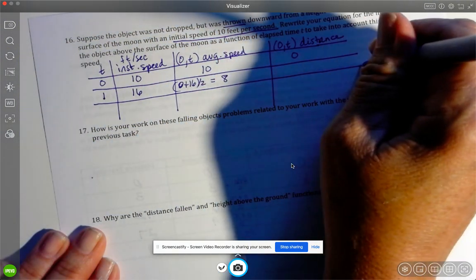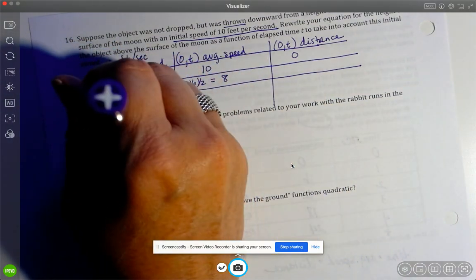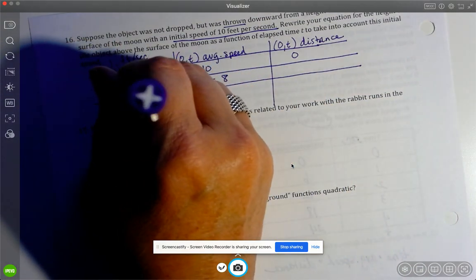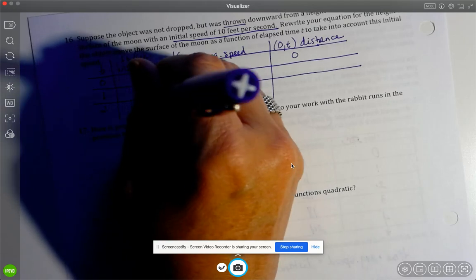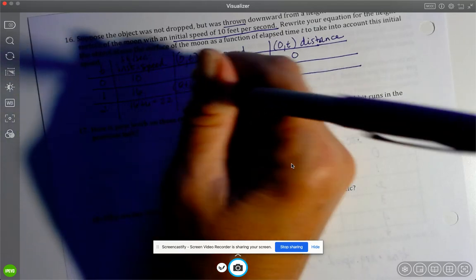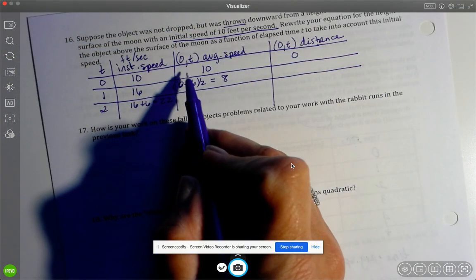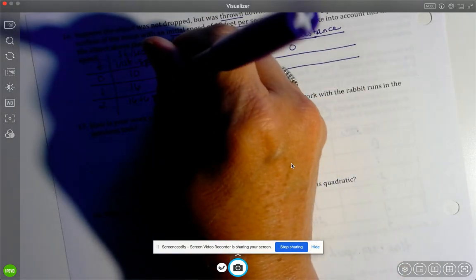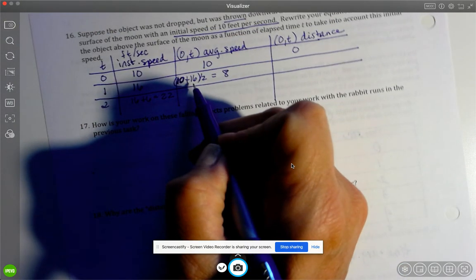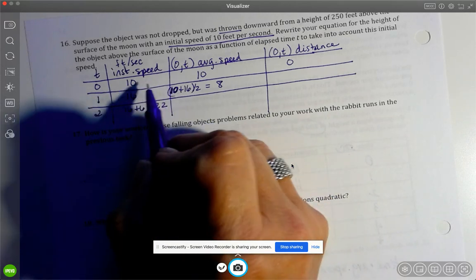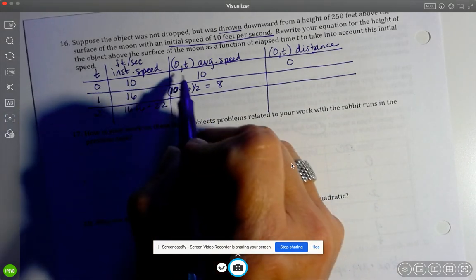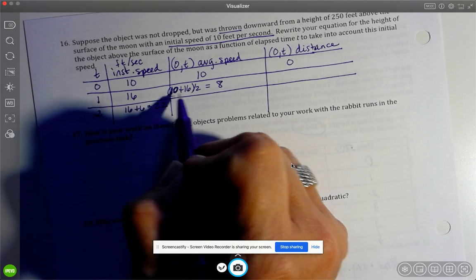Now I'm just adding 6, right? So I have 16 plus 6, which is 22. And then on the average, oh, sorry, this is 10. 10 plus 16, not 0 plus 16. Because remember, it's from 0, which is 10, plus 16 over 2, which is 13.